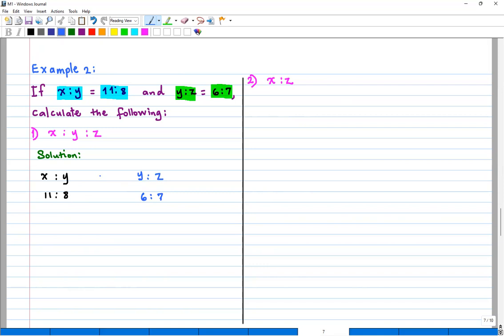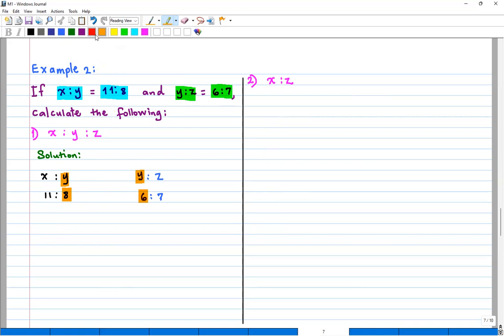Look at that. You see that y is appearing 2 times. This is y and this is y. In the first part, y is 8, and in the other part, y is 6.